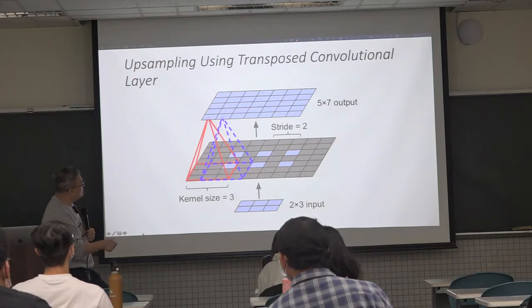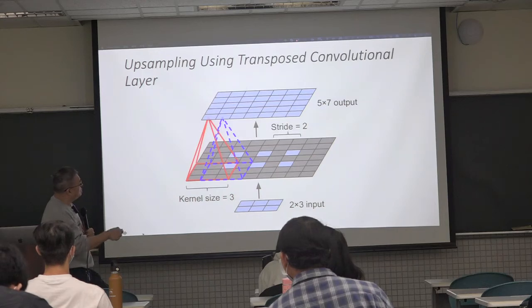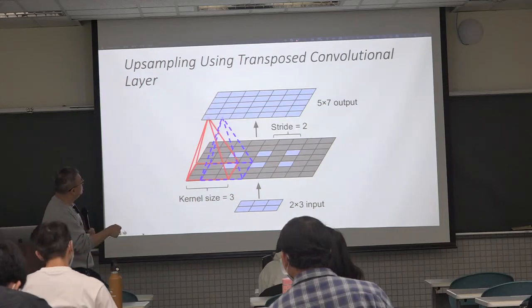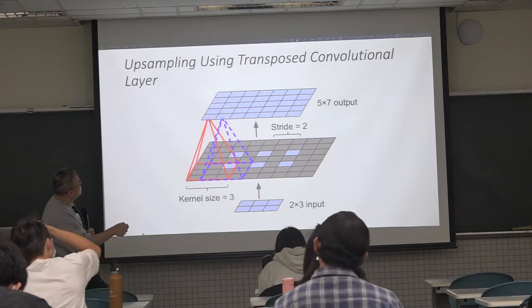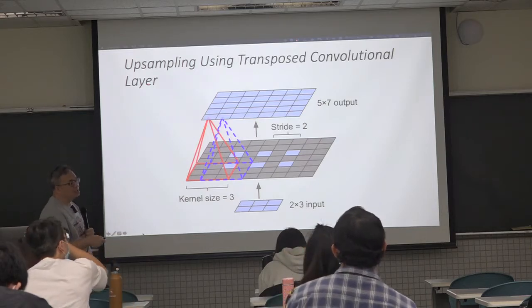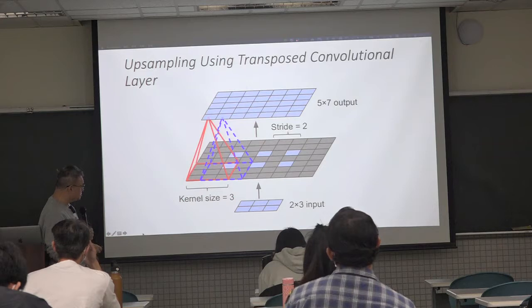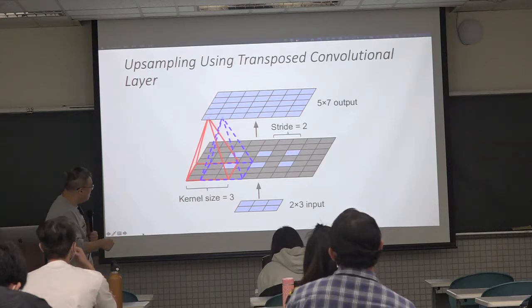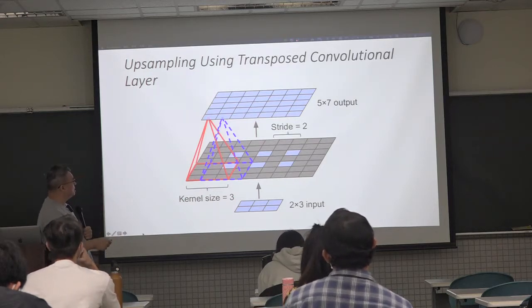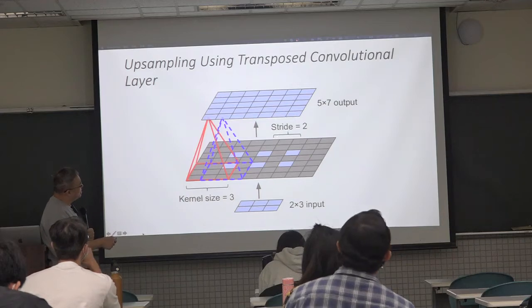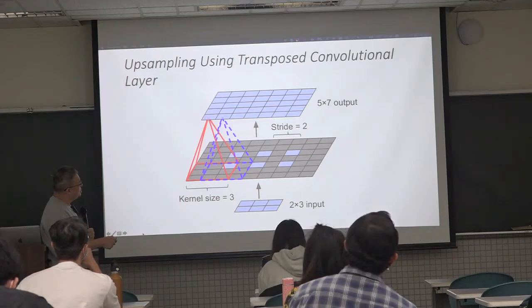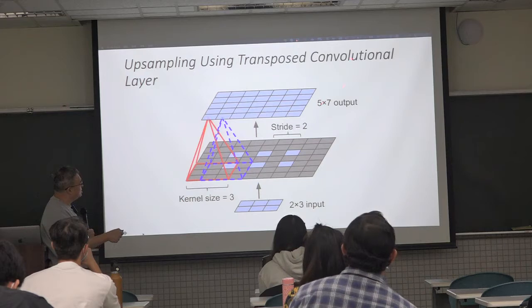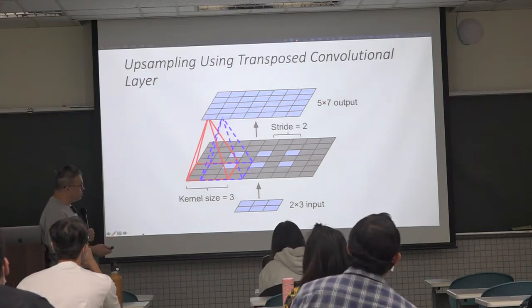Then we use a regular convolution to create the next layer. So this is called a transpose convolution layer. Even though we say the stride is 2, we consider this as a fractional stride, like 1 over 2.